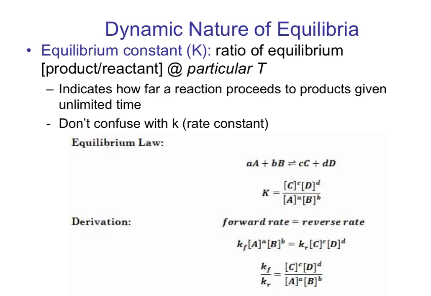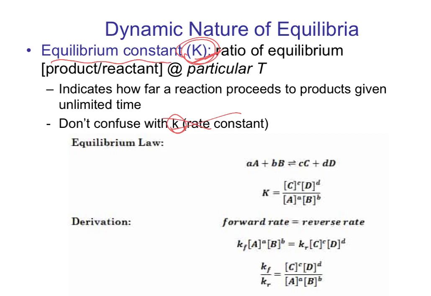The position of an equilibrium, or the extent of a reaction, is measured quantitatively using an equilibrium constant. It is a capital K. Be careful to show it as an uppercase capital K, because remember that lowercase k is rate constant, two completely different things.